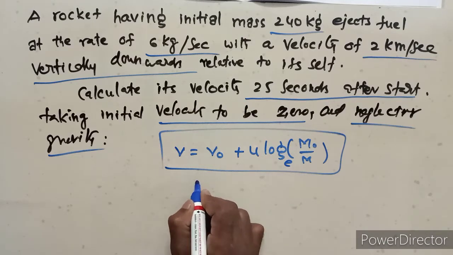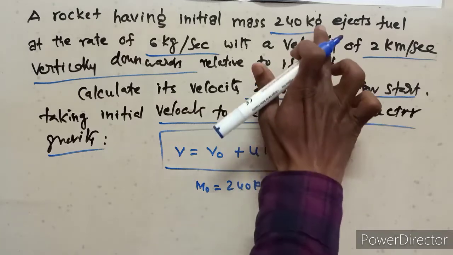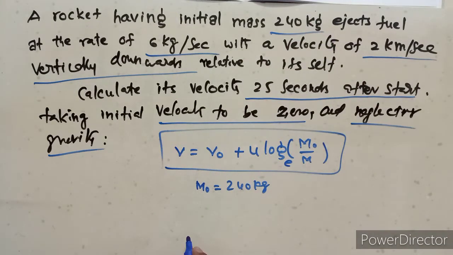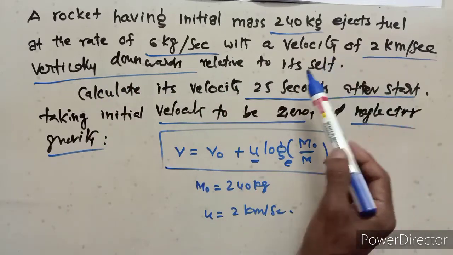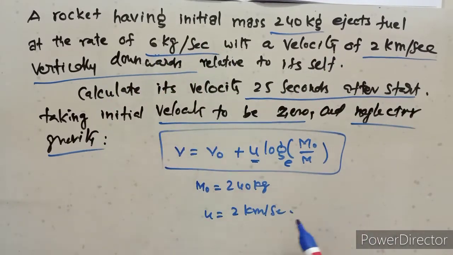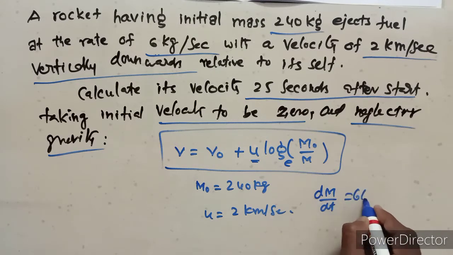Given data: m naught equals 240 kg. The velocity U equals 2 km per second. Rate of consumption of fuel is 6 kg per second, that equals dm upon dt, 6 kg per second.